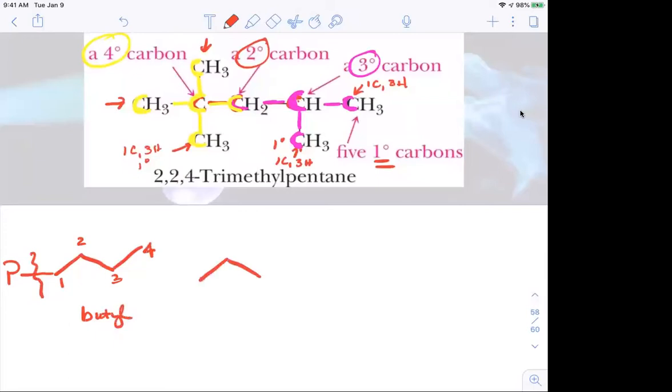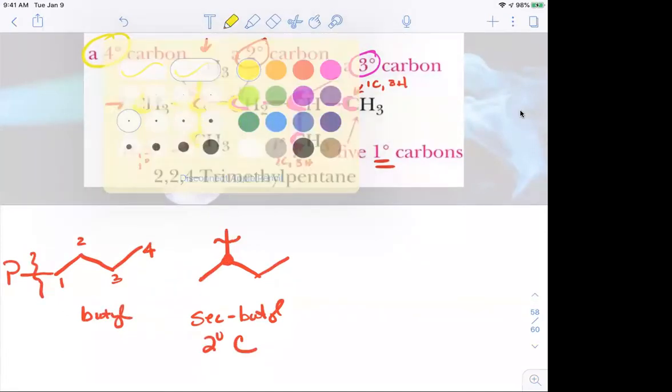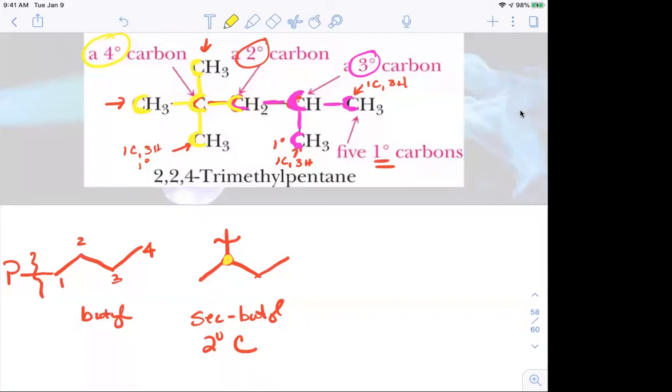If my attachment is here, well, now this was my sec-butyl, because this carbon is a secondary carbon that it's attached to. Let's look at this. Here's a carbon. It's attached to 2 other carbons. This is a secondary carbon. So that's where I get the sec part.